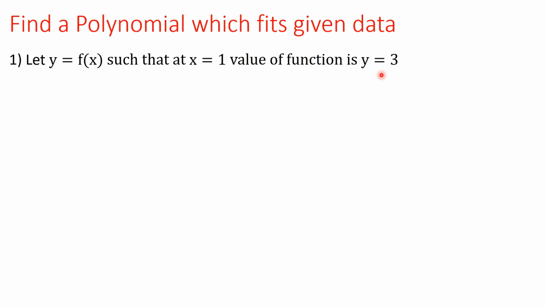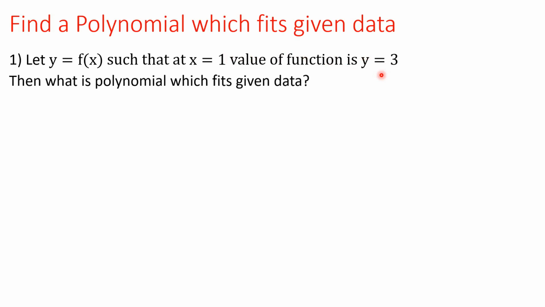So we can find the simplest function, which is y is equal to f of x is equal to 3. This is the simplest function we can have. You can see here, when you put x is equal to 1, output has to be 3. Even for any value of x, output is 3. But it fits our given data, right? Okay, so this is a simple example.